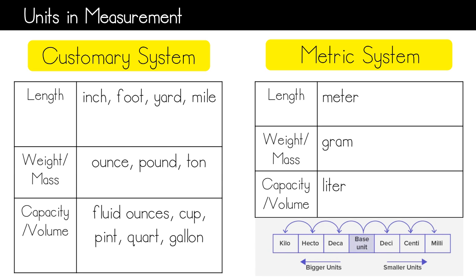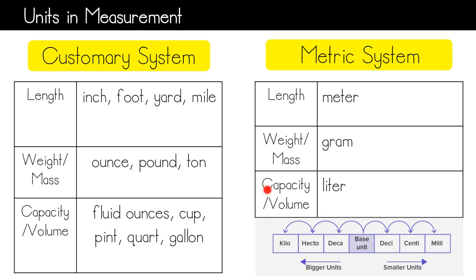We could say kilometer, hectometer, decameter, just a meter, that's your base, decimeter, centimeter, and millimeter. Those are all the units for length. Same thing with mass. Kilogram, hectogram, decagram, just plain gram, decigram, centigram, and milligram. Those are all for measuring mass.